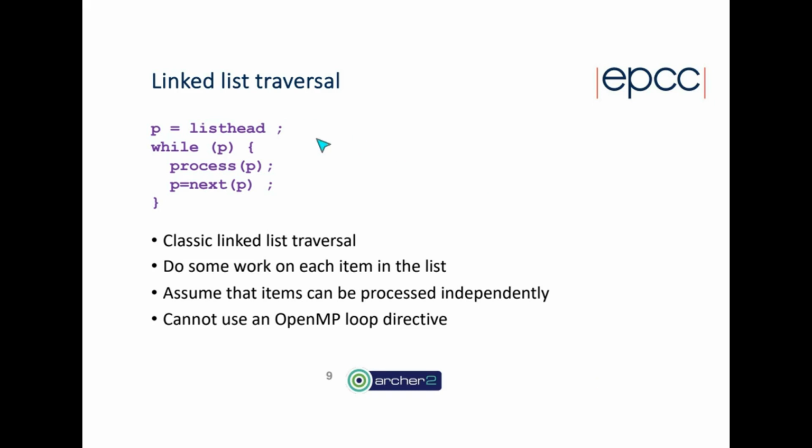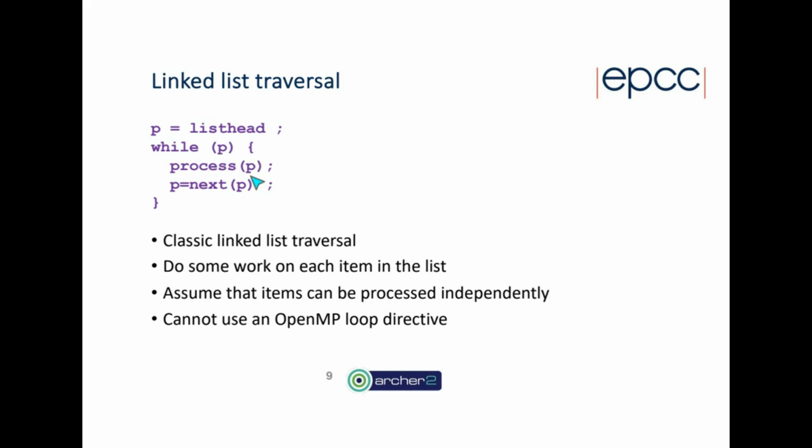So let's just walk through this little bit of code here. What happens at the beginning is we get a pointer P that points to the list head. That's the first item in the list. And then we loop while P is a valid pointer, so while P is not a null pointer. We call this function process, the independent piece of work that we want to do on every item in the list, on the current item.